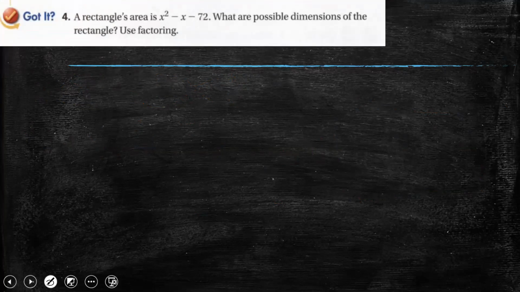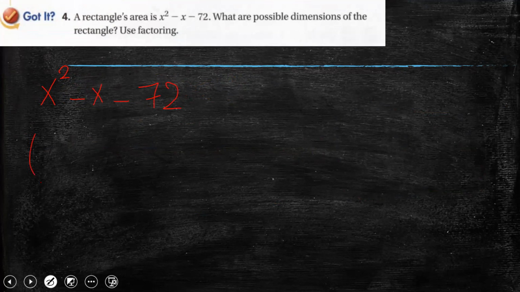Let's do another one to have the same idea. A rectangle's area is x squared minus x minus 72. What are the possible dimensions of the rectangle? Use factoring. x squared minus x minus 72.